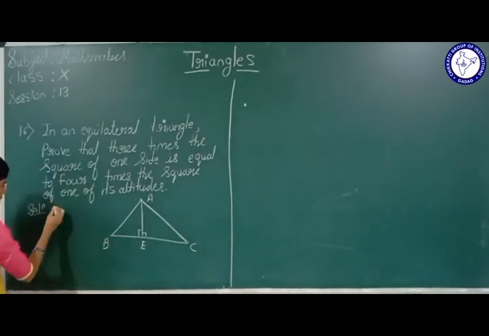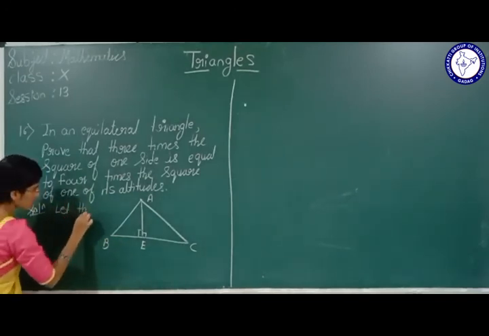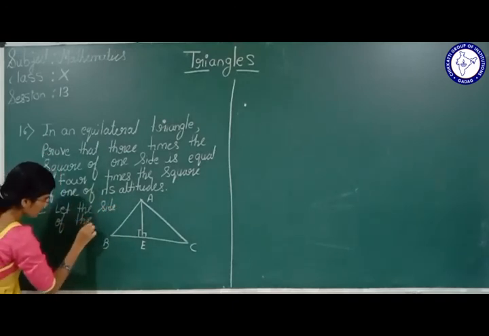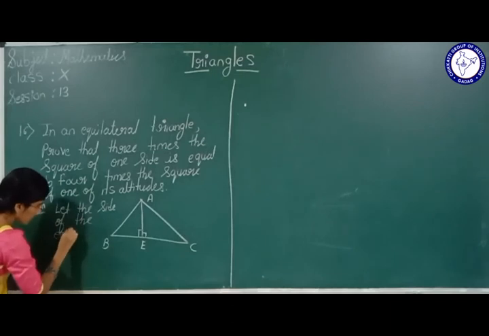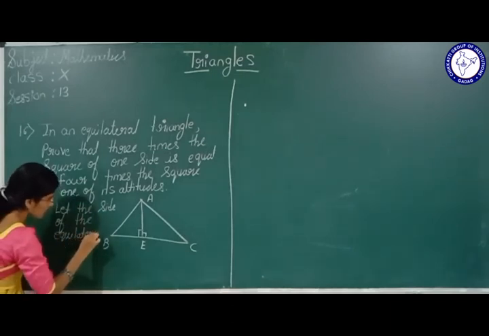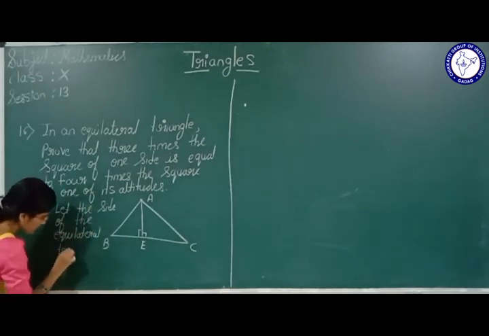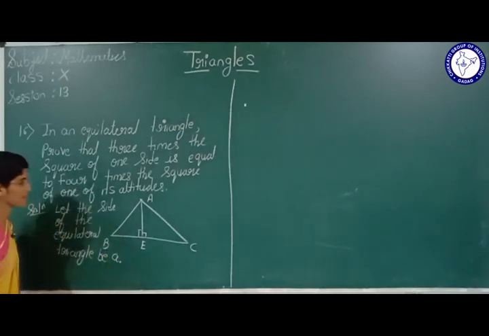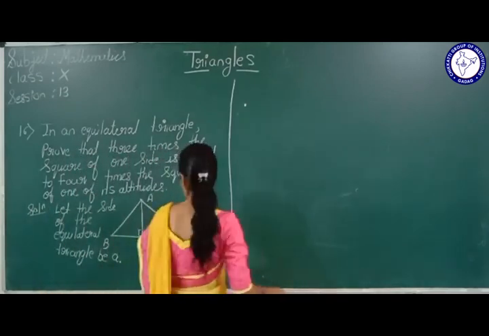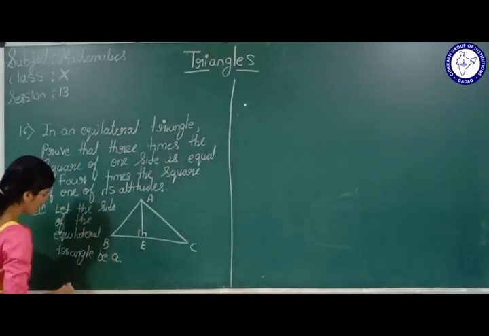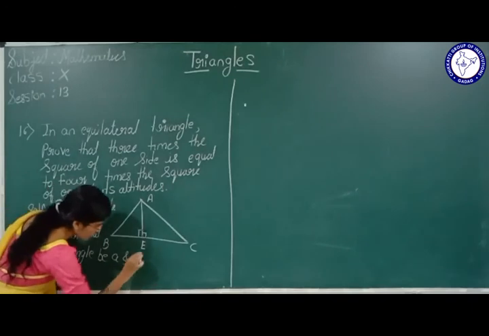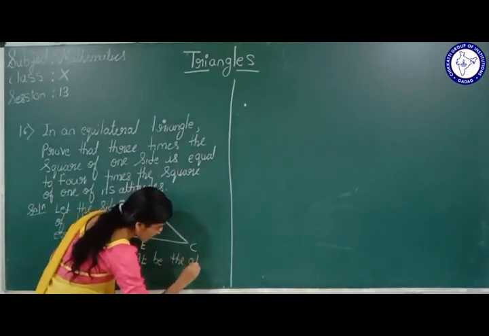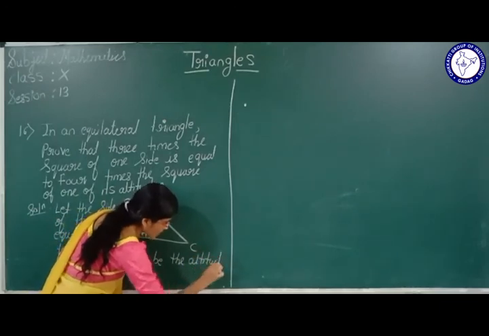So we will write here, let the side of the equilateral triangle be small a, and AE be the altitude.